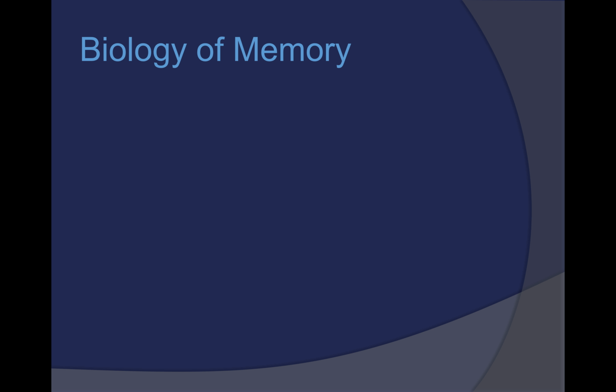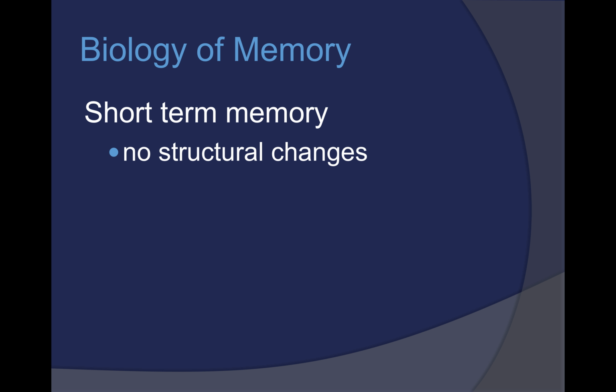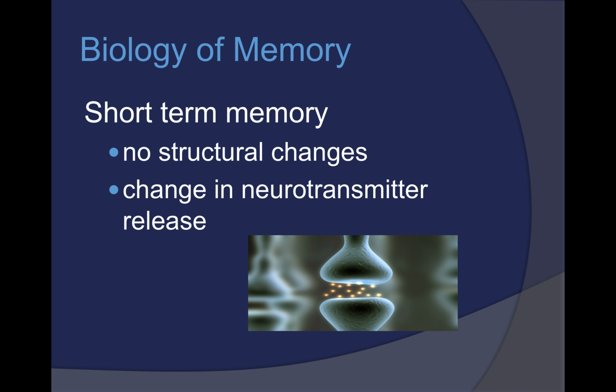If you're continuing with me, we'll go ahead and dive into the biology of memory, and we'll talk first about short-term memory. Short-term memory, if you remember, is that working memory that lasts 15 to 25 seconds. And we know that when you are working with information, there are no structural changes at the level of the neuron, but there is change in neurotransmitter release.